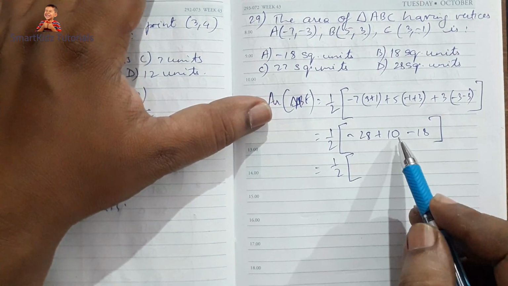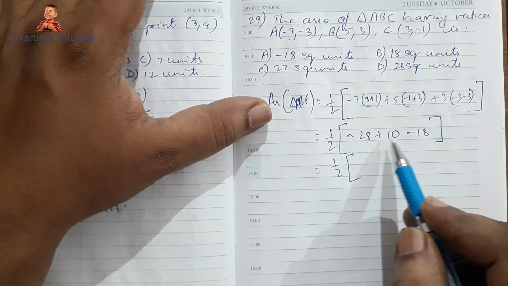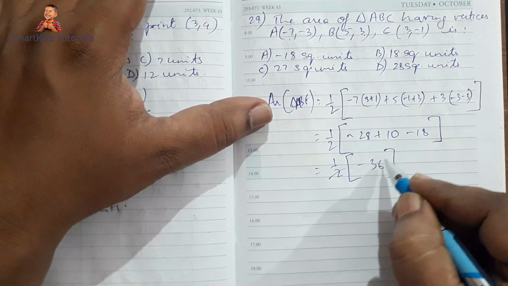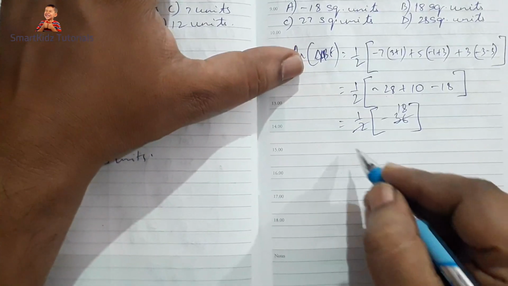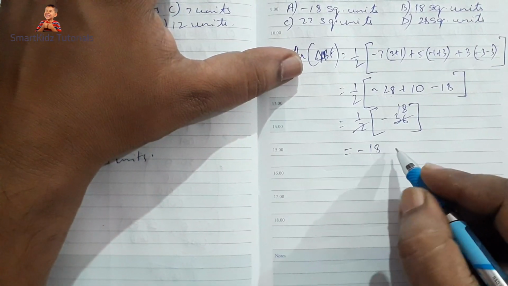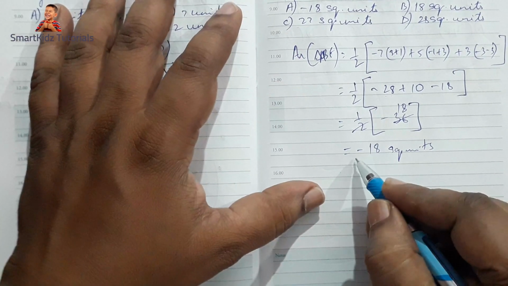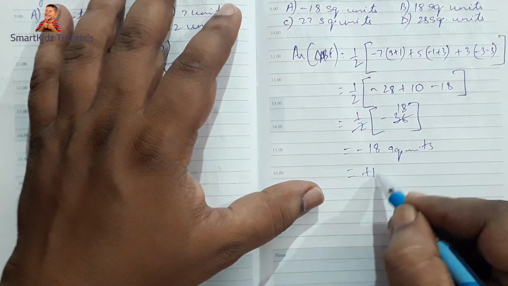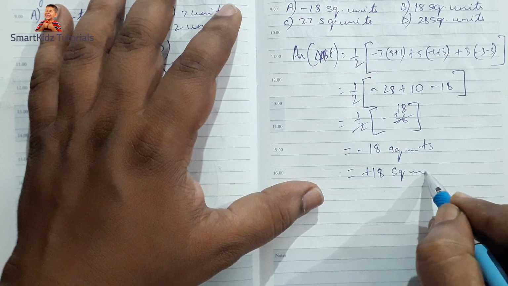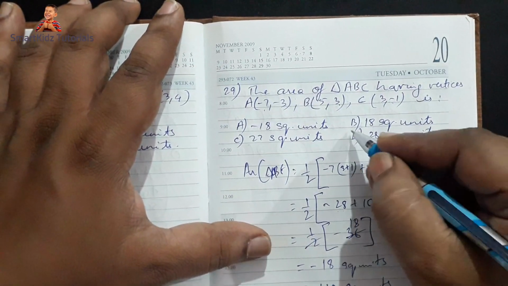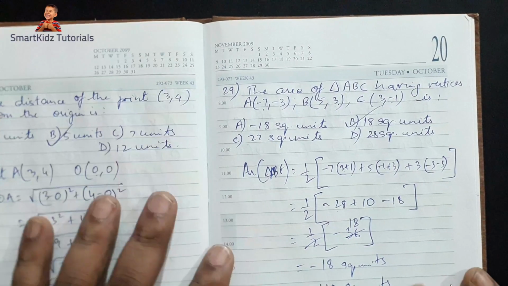And now minus 28 plus 10 gives us minus 18, minus 18 and minus 18 gives us minus 36. This cancels like this, and we'll get minus 18 square units. But area is never negative, so we discard that and we take positive 18 square units. So the correct option in this case would be B.